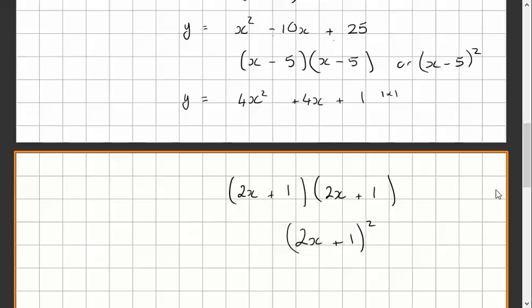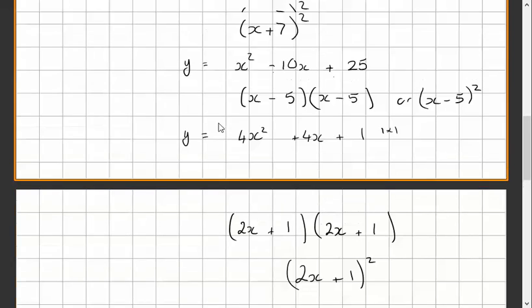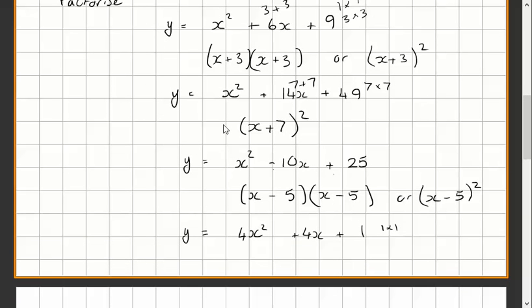So they were all examples of perfect squares. Is there anything you notice about them that would help you identify them as perfect squares, John? The middle number is when you multiply the first to the last and times 2.